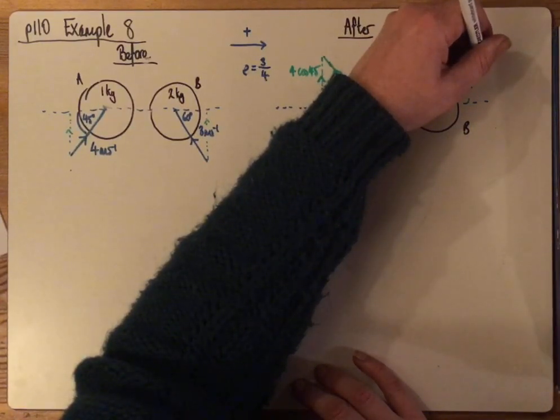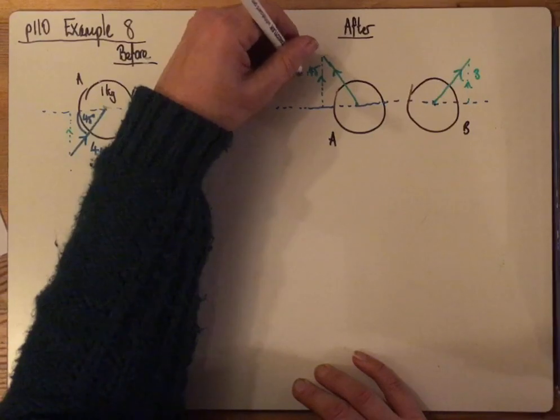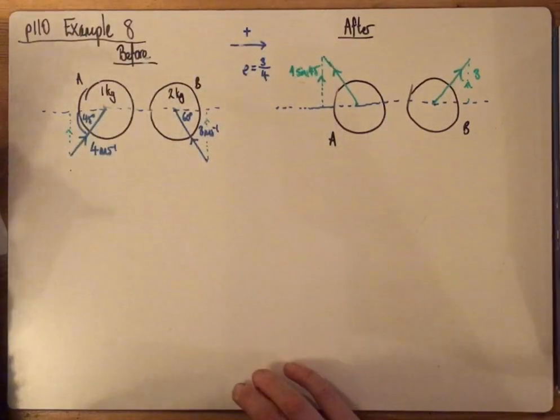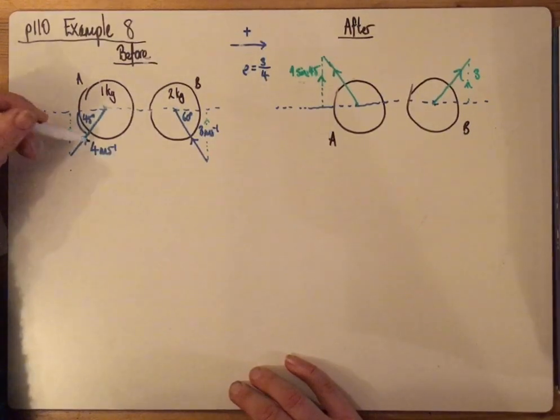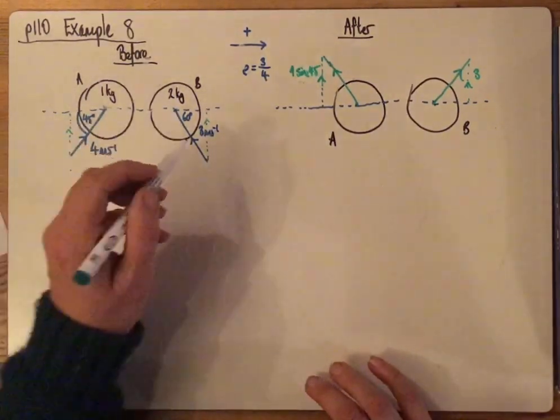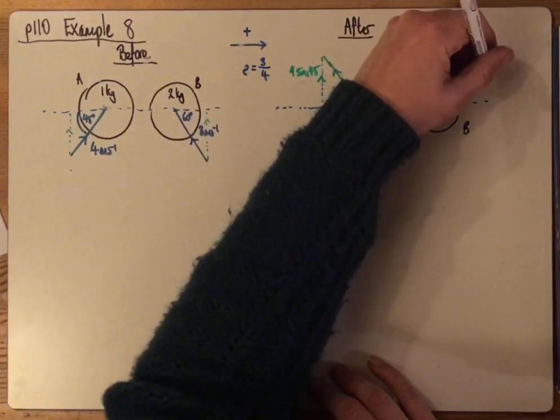Did I say cos? Sorry, I meant sine there. It's because it's 45, it's throwing me. So 4 sine 45 gives you that opposite, and 4 cos 45 gives you the adjacent. Sorry, I don't mean to confuse you. And then this one is 3 sine 60 to give you the opposite.